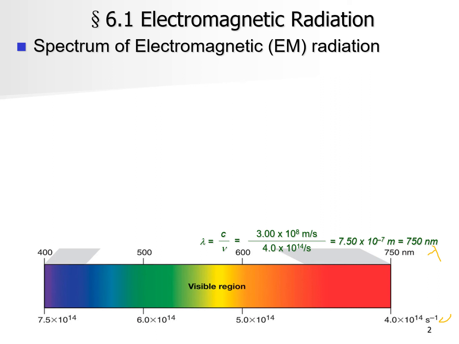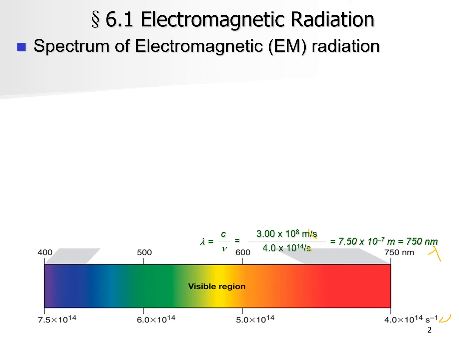According to this spectrum, at this wavelength the frequency is 4.0 times 10 to the 14th 1/second. We can cancel out the second, leaving meters, and the calculation gives us 750 nanometers. That proves that if we multiply these two numbers together, we get the speed of light.